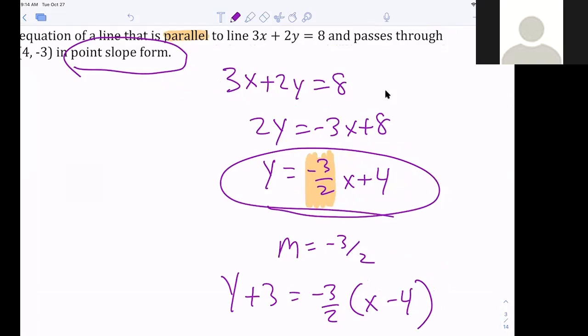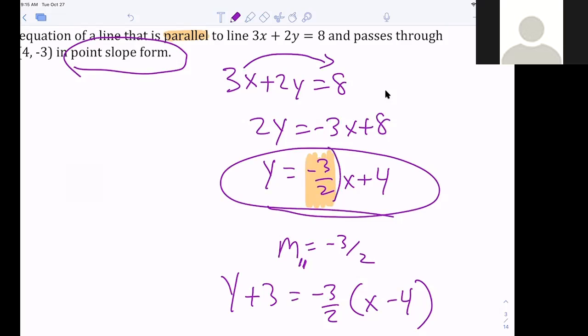I need the slope. The slope of this line is negative 3 halves. So the slope of any parallel line would be negative 3 halves. And I should have put the symbol down here, the slope of the parallel. So this moved over here. You understand that? Then I divided by 2.